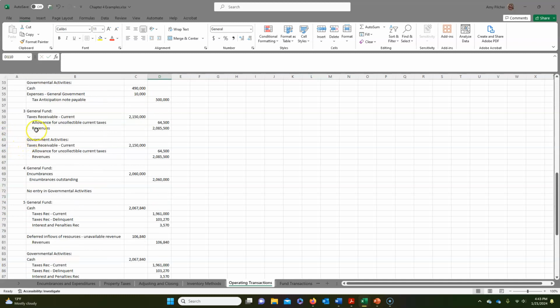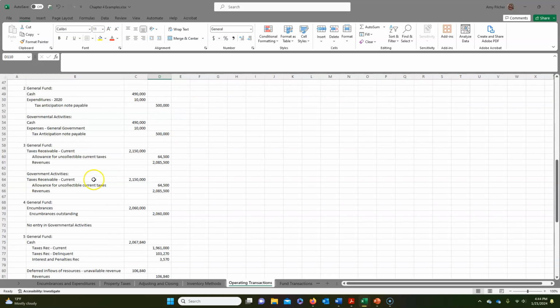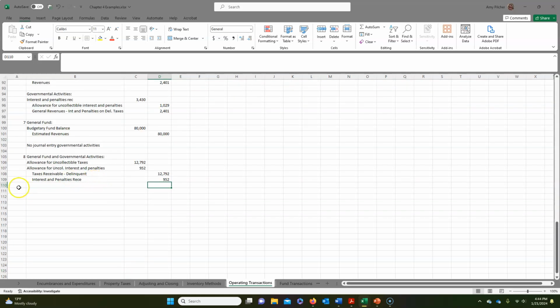Okay, transaction 9. Total payroll during the year was $819,490. We withheld $62,690 for FICA. Then we also withheld federal tax and state taxes we paid in cash. So number 9 here.